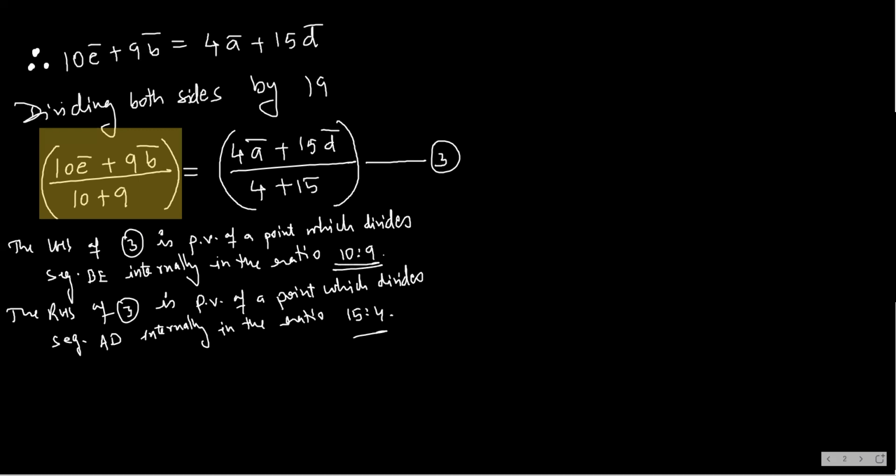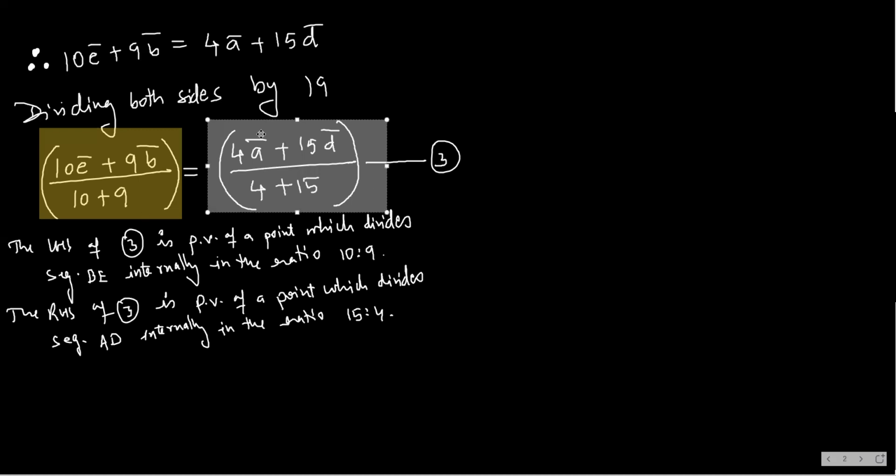You understand? Now what I further notice is that these two are equal. It means these two represent one single point. See, this position vector is equal to this position vector. It means these two position vectors represent one single point. And what is that single point?